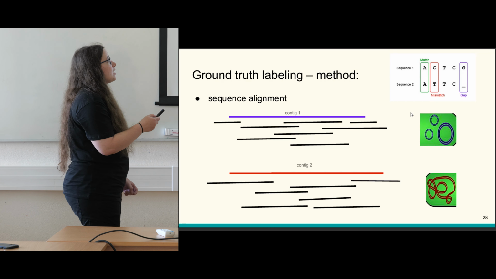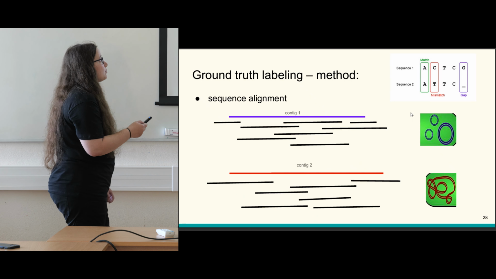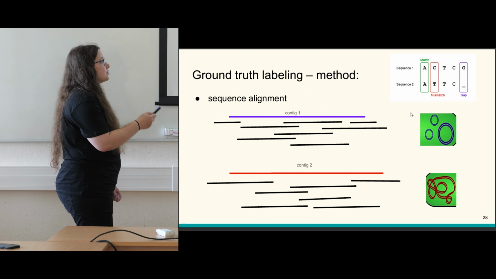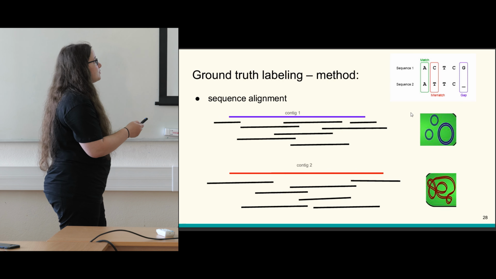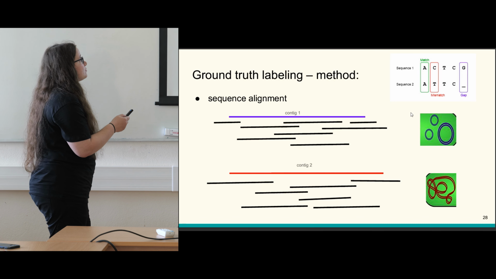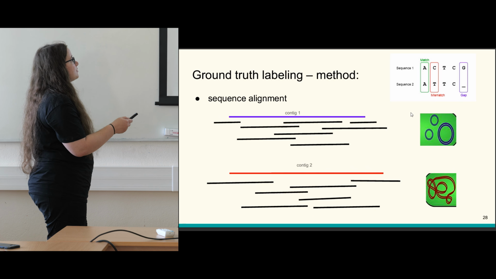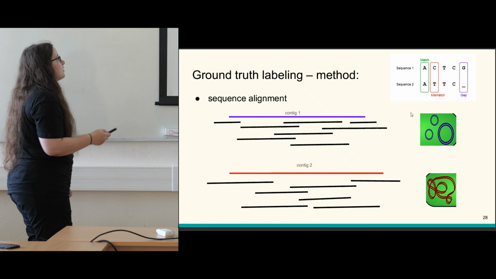One method we can use for this is called sequence alignment. So we have some sequence which is known to be plasmidic, and some sequence which is known to be chromosomal. What we can do is look for similarities between the plasmidic contig and the reads that are similar to it.